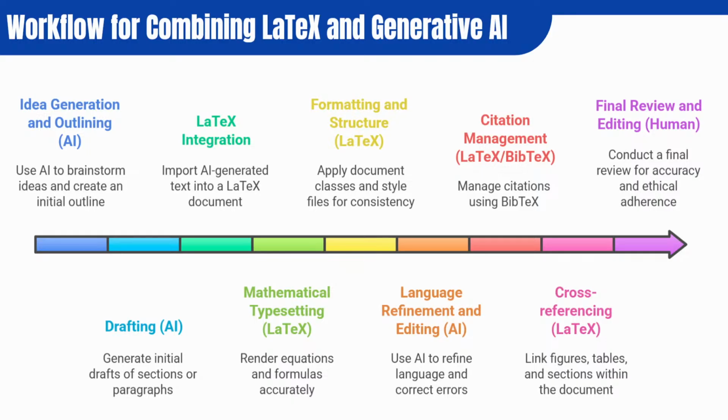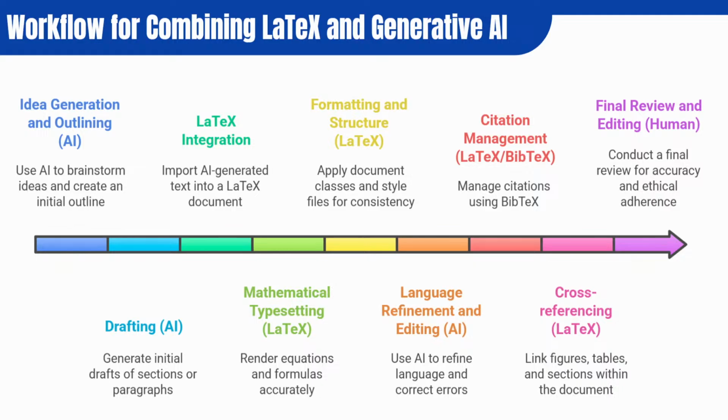Okay, so first, when we are thinking about writing any document, we have to have idea generation and an outline. We use AI to brainstorm ideas and create an initial outline. Then we generate an initial draft of the sections or paragraphs required for our document.